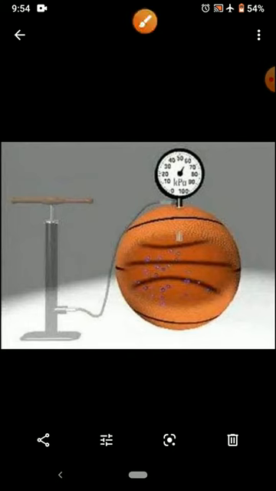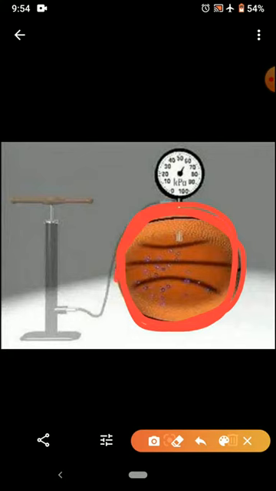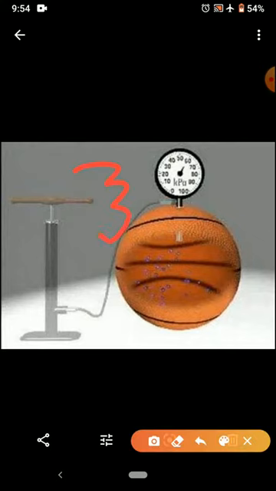This is another example. If you have a football or volleyball, when you inflate air in this, it will be like a solid ball. You can play, you can kick, you can throw. But when there is no air inside, or we deflate it, it will not be like that. It will be like this.